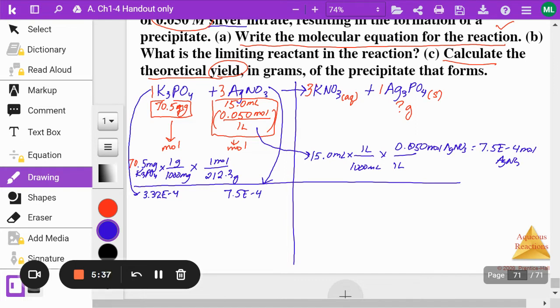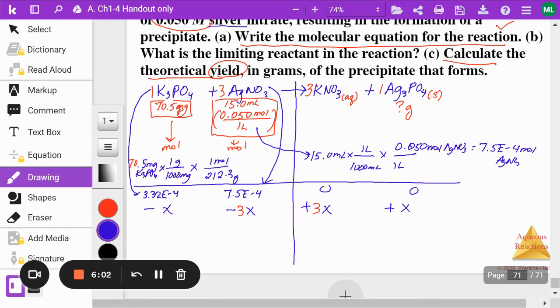In the beginning I have 0 of these two products. I'm going to use X here because there's a 1 there, minus 3X here, plus 3X here, and plus 1X there.